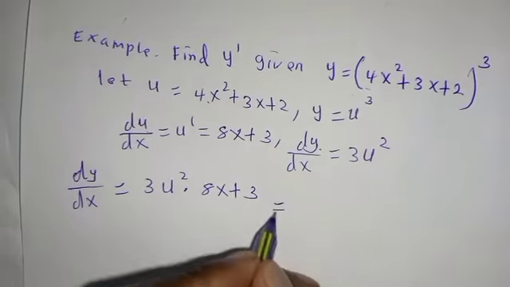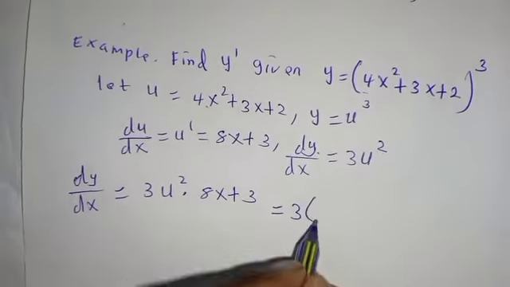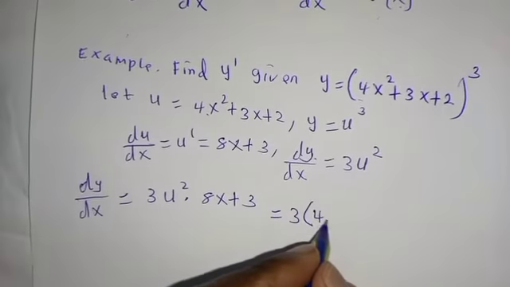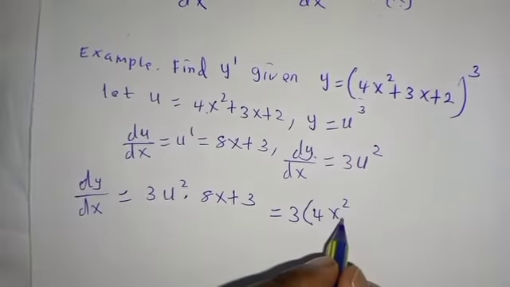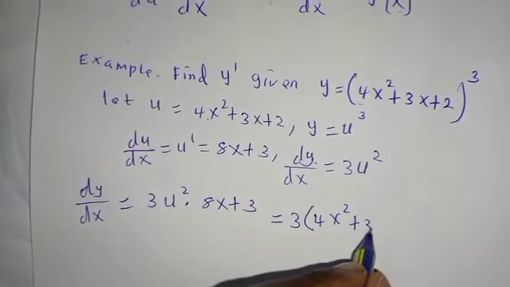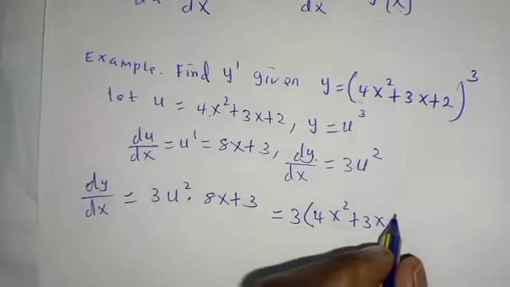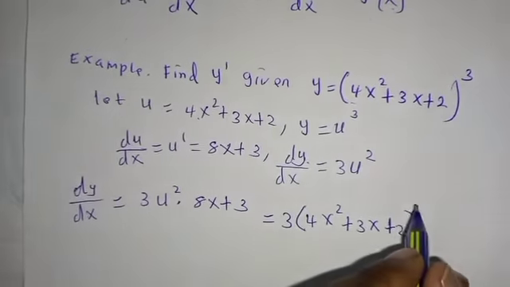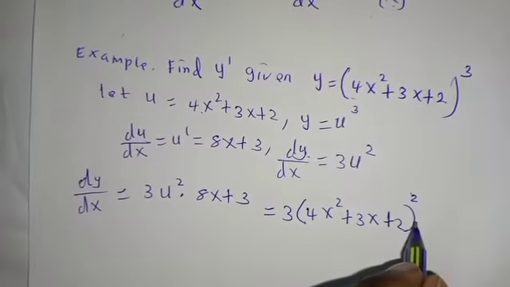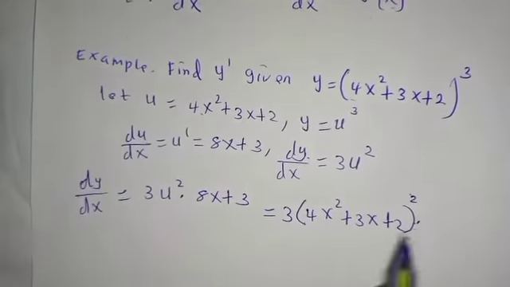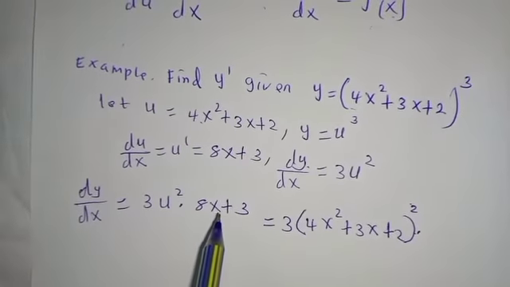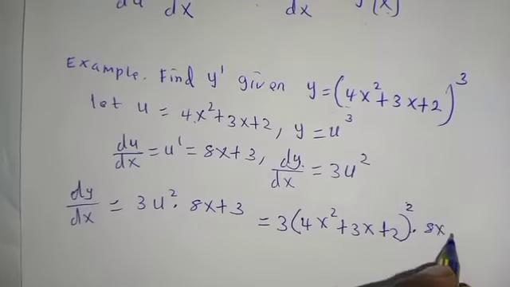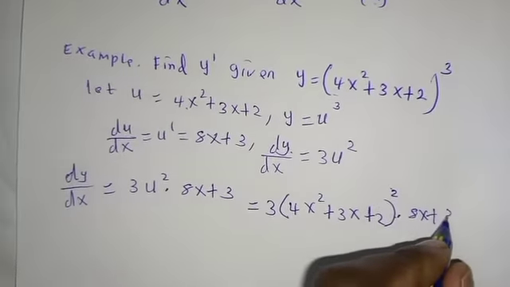This is equal to 3 into bracket, instead of u we write 4x squared plus 3x plus 2, squared, times the other part, 8x plus 3.